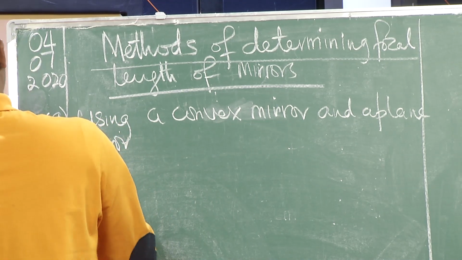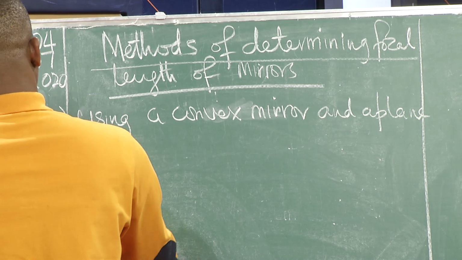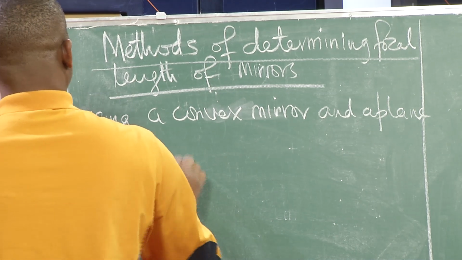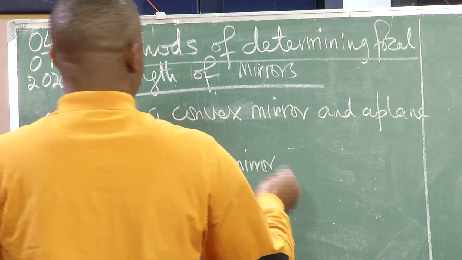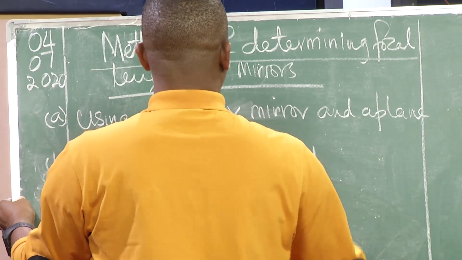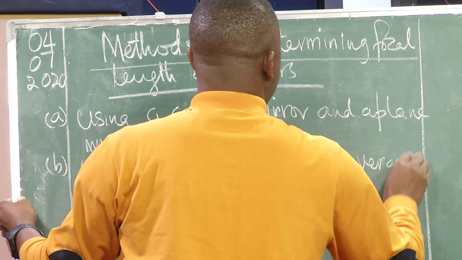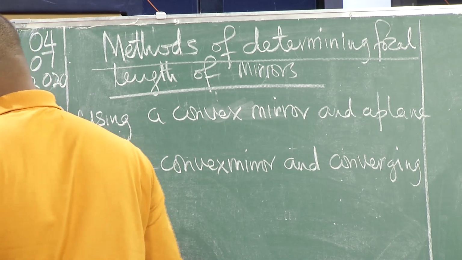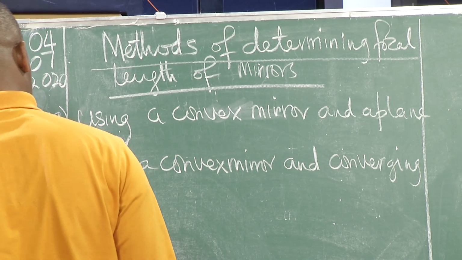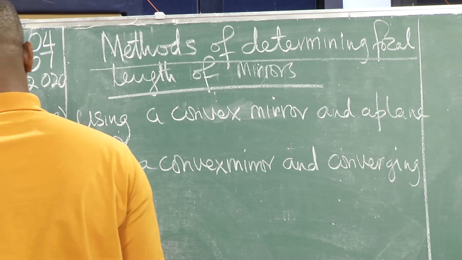The other method is using a convex mirror and a converging lens. A converging lens is the one we also call a convex lens.